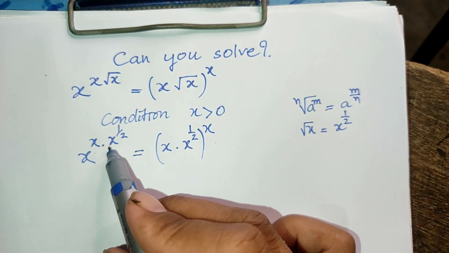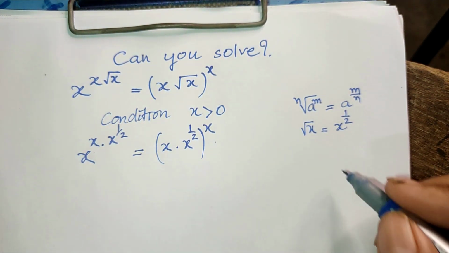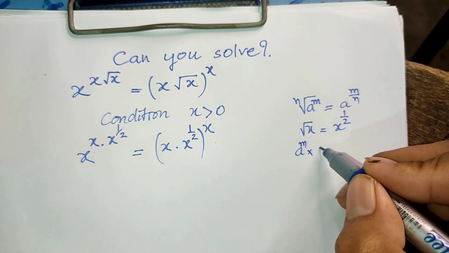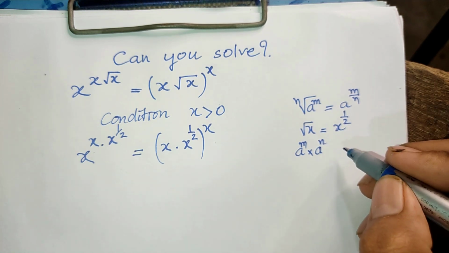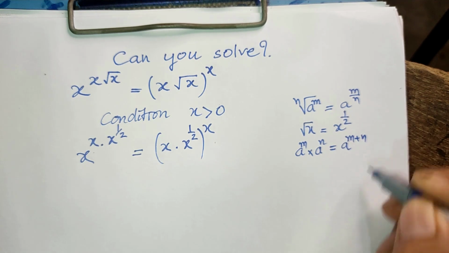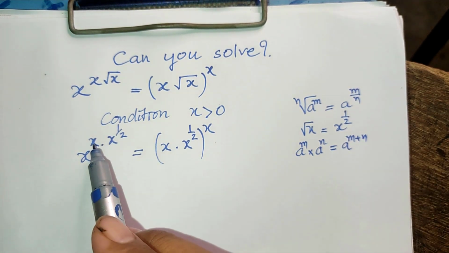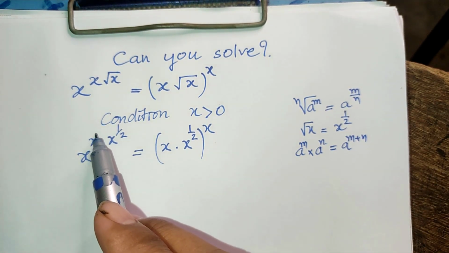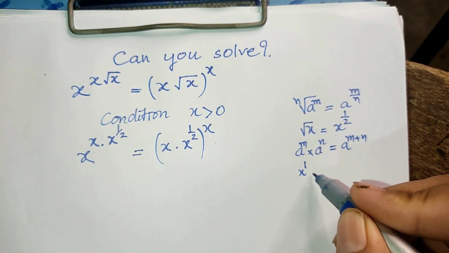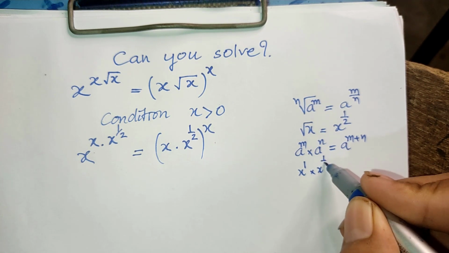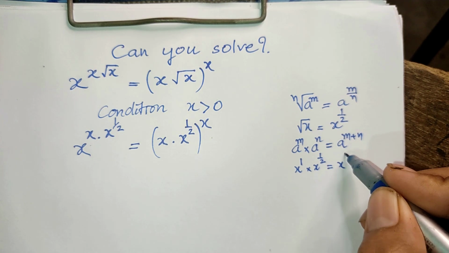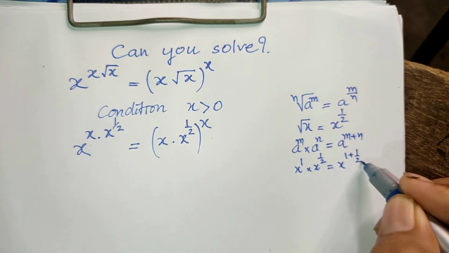And we just derived that h power m multiplied by h power n is equal to h power m plus n. And so now this is power 1, that's h power 1 multiplied by h power 1 divided by 2 is equal to h power 1 plus 1 divided by 2.